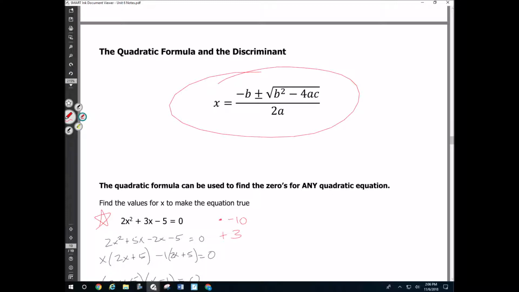Okay? Did anybody learn the quadratic formula song when they were in Algebra 1? Yes? X equals negative b plus or minus the square root b squared minus 4ac all over 2a.